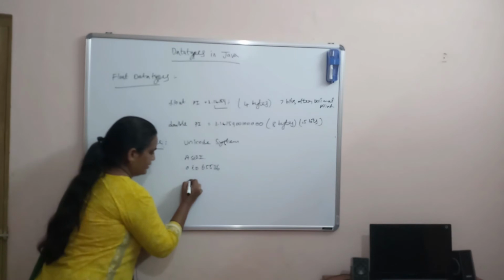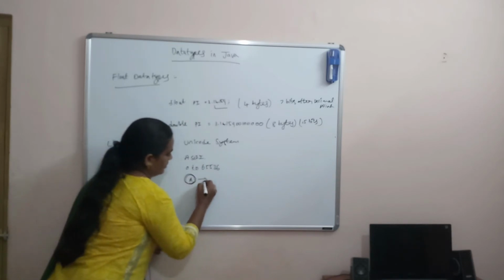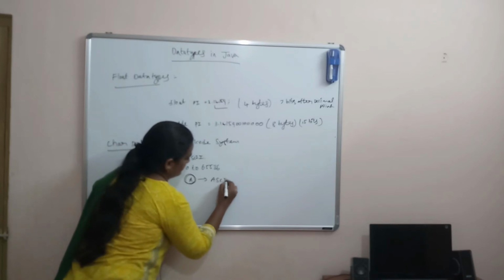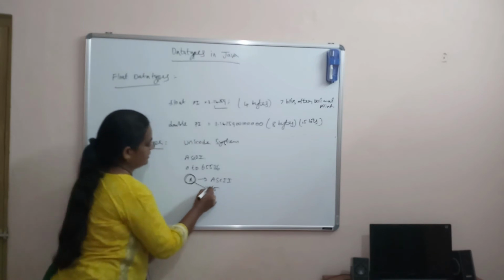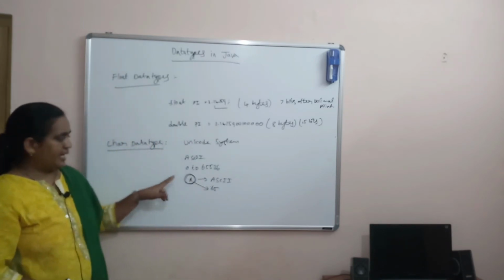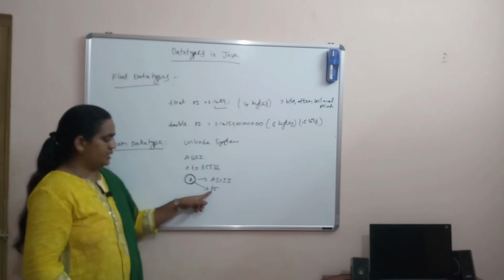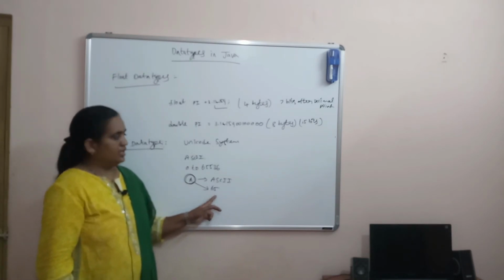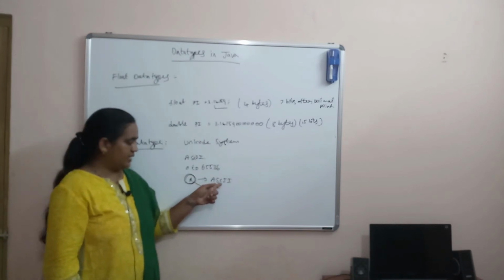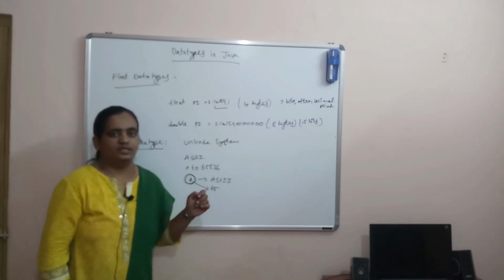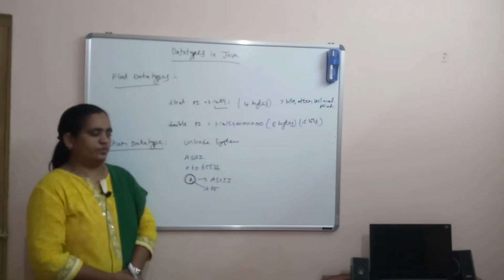Suppose I take A, its corresponding ASCII value is 65. Once we type A through our keyboard, it is translated into a number with the help of the ASCII system, the American Standard Code for Information Interchange. That is the standard procedure for every keyboard.